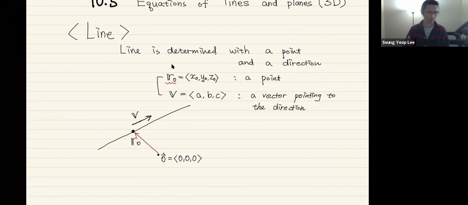That vector from the origin to that point is exactly R0, right? That's the definition of the vector. Can we express any other point on the line? That's the question. Any other point on the line? Can we express this vector?